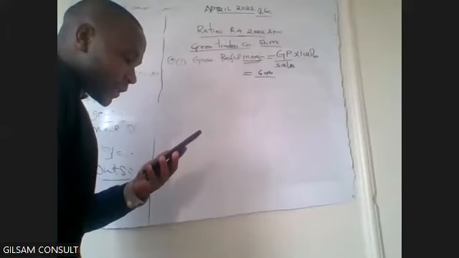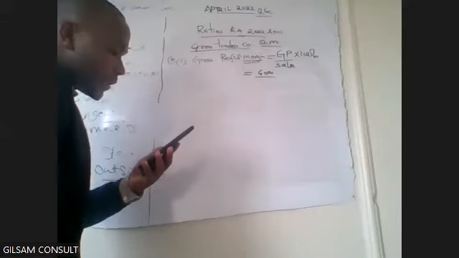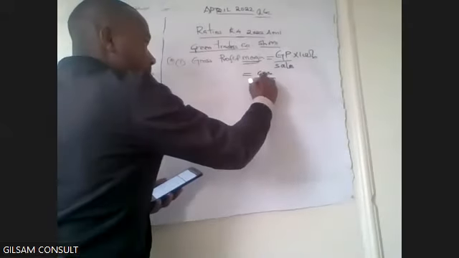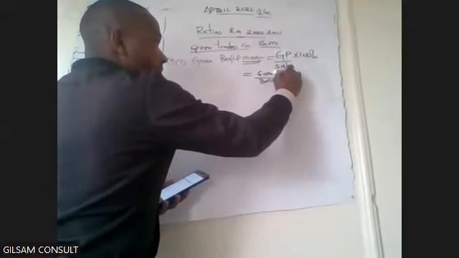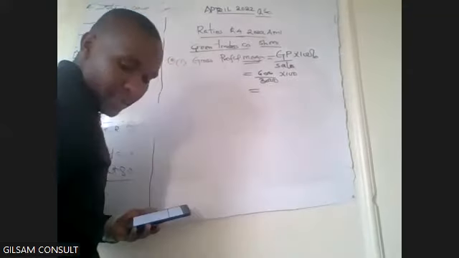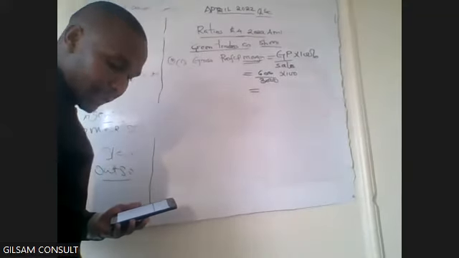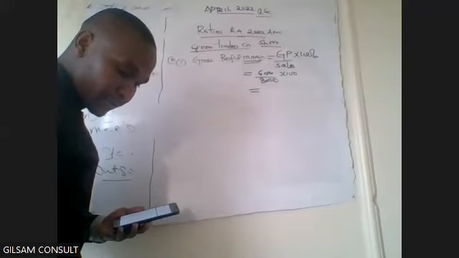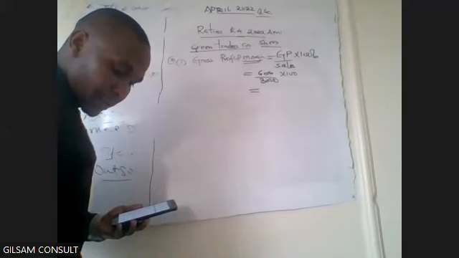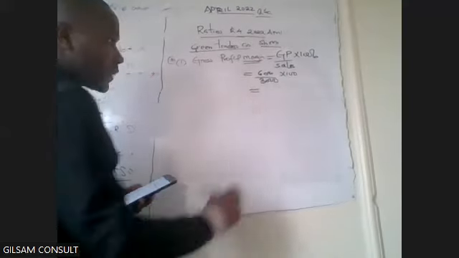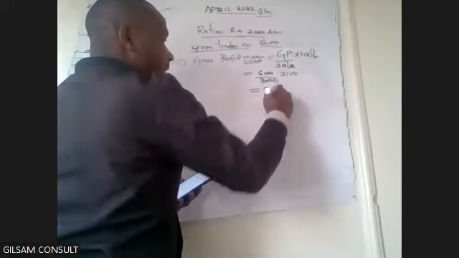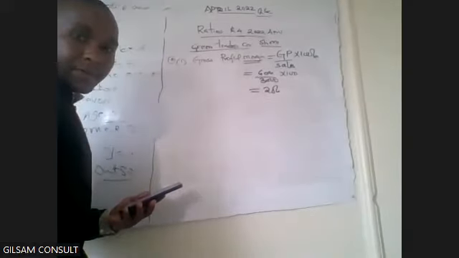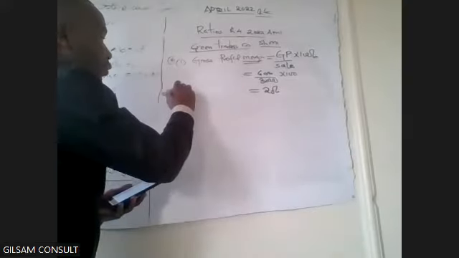Sales here, all sales on credit, 3,000, times 100. So you take 600 divided by 3,000 times 100. This one is 20%.